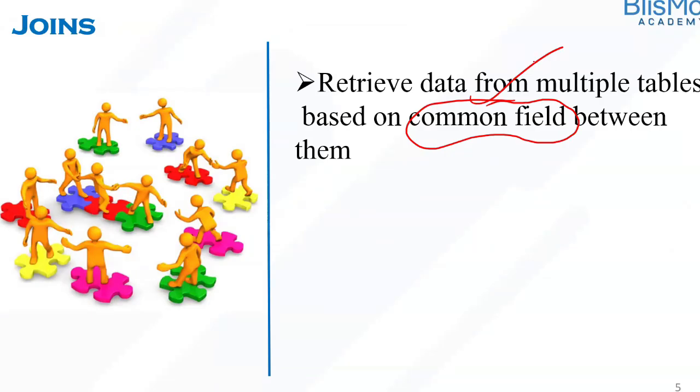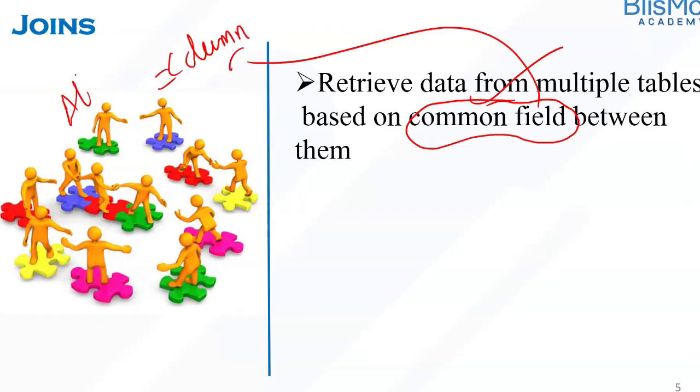When I say common field, what does it mean? Swastika, what is common field? Sir, common column. Yes, very good. No problem. Common column, an attribute or a domain.